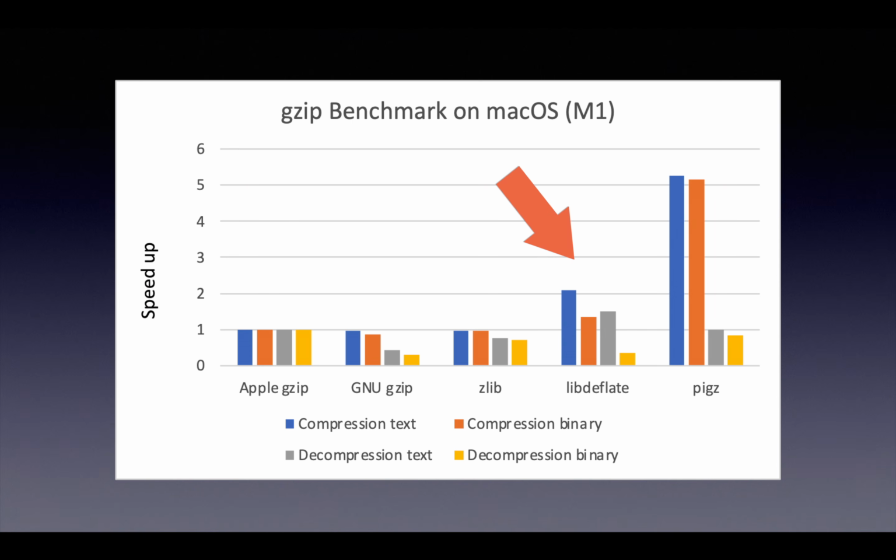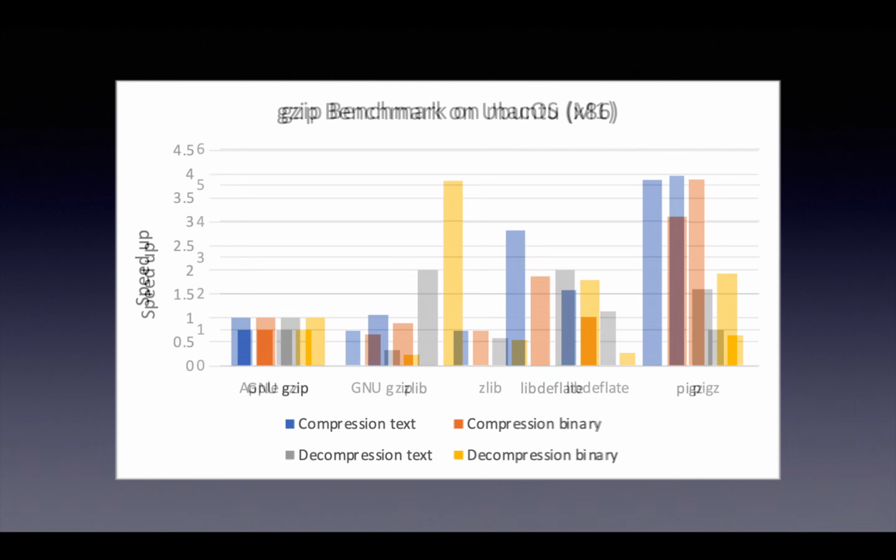Libdeflate is super fast in general, but somehow quite slow with decompression of the binary file. Lastly, pigz has a 5 times speedup due to parallelization in compression, but not in decompression. So what is my verdict? From the benchmark, my recommendation is to use pigz for compression and use Apple's stock GZIP for decompression.